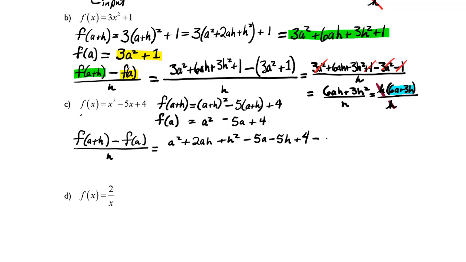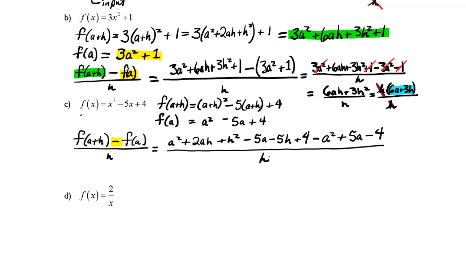That will give me minus a squared plus 5a minus 4. That's because remember, I'm distributing that negative sign through. This one right here, right in front of the f of a. This is all over h.